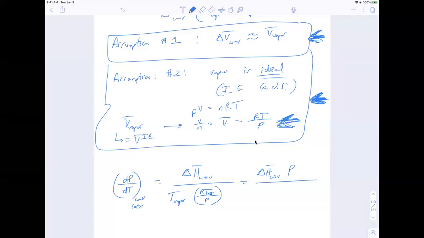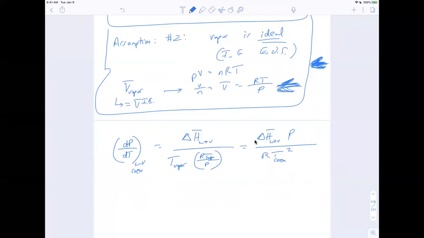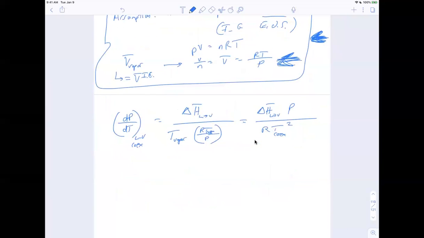And then here we have RT coexistence squared. Okay, so that's what we have. So let me just put this together here. dP/dt at coexistence is equal to delta H for the liquid vapor transition times the pressure over RT squared.